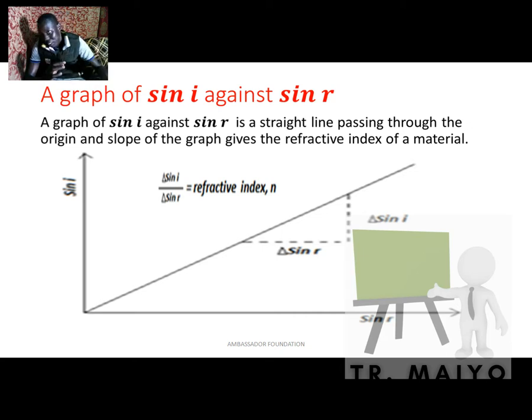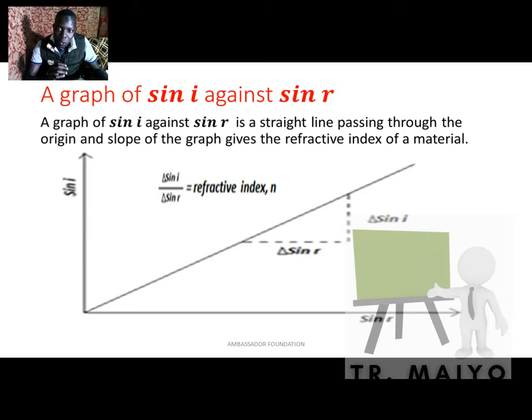Those are 5 marks, a very simple way of plotting a graph. But I can also advise you, on the Ambassador Foundation YouTube channel, there is a lesson on plotting of graphs. I did it very well, so you can just go and search plotting of graphs.